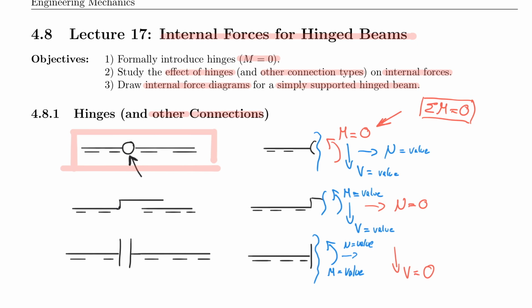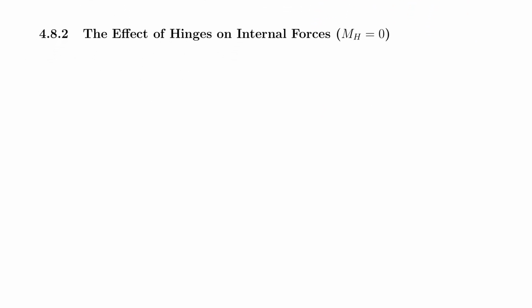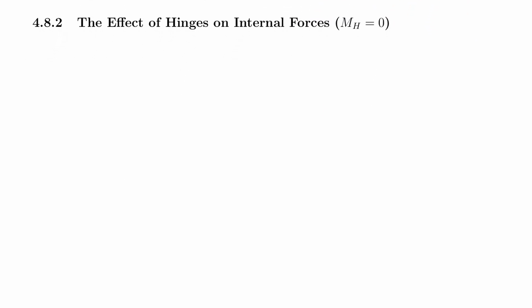All right. So the effect of the hinge on the internal force is as follows. No matter what you have on the left and on the right side of the hinge, you will always have a moment diagram that passes through zero at the hinge.